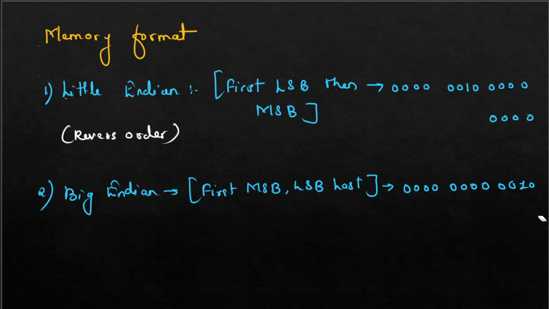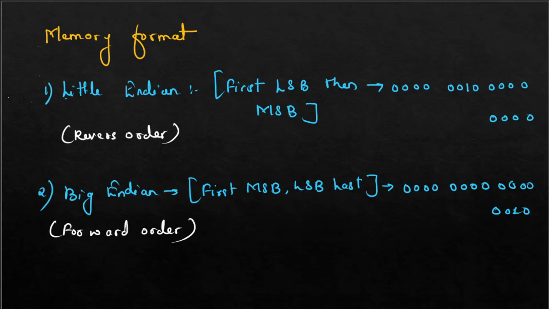Okay, so this again all will be 0 and this is 0 0 1 0, like this it will be. Forward order. Any doubt here in this? Okay, let's see ahead.